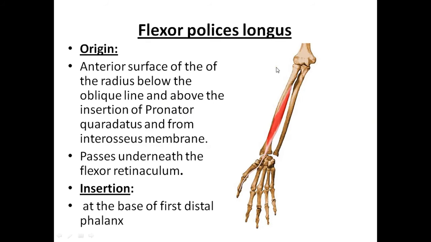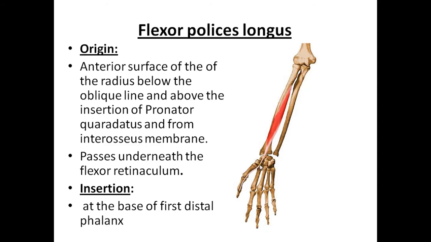Then the muscle that is present in the deep layer is the flexor pollicis longus. It originates from the anterior surface of the radius just below the oblique line and above the insertion of the pronator quadratus. So the whole anterior surface gives the origin of this flexor pollicis longus.